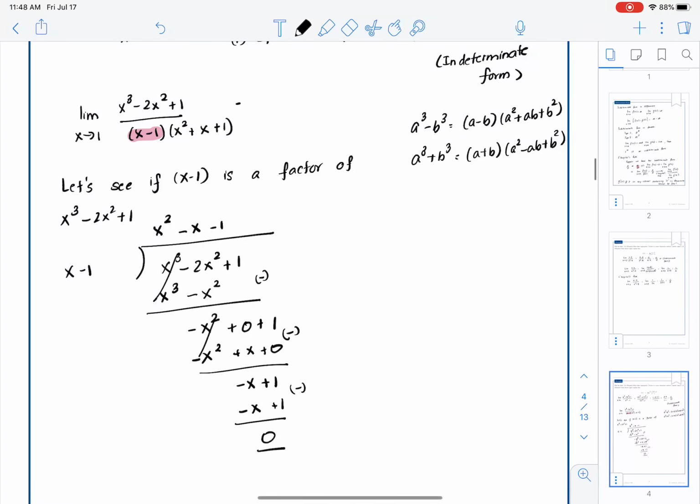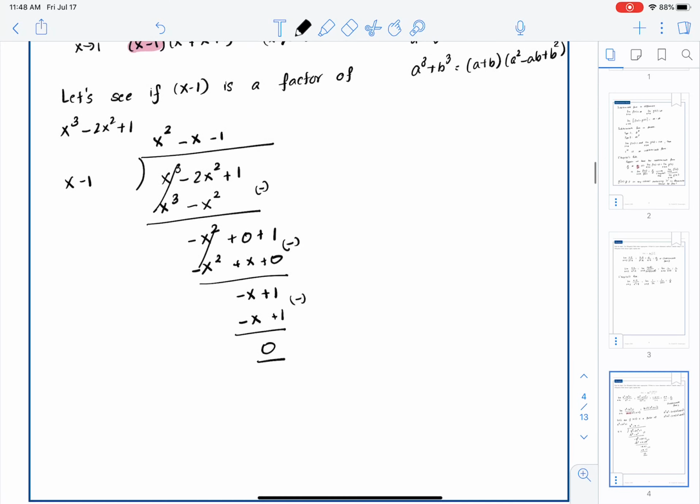So I could write the numerator as x minus 1 times x squared minus x minus 1, divided by x minus 1 times x squared plus x plus 1. Those two would go away.